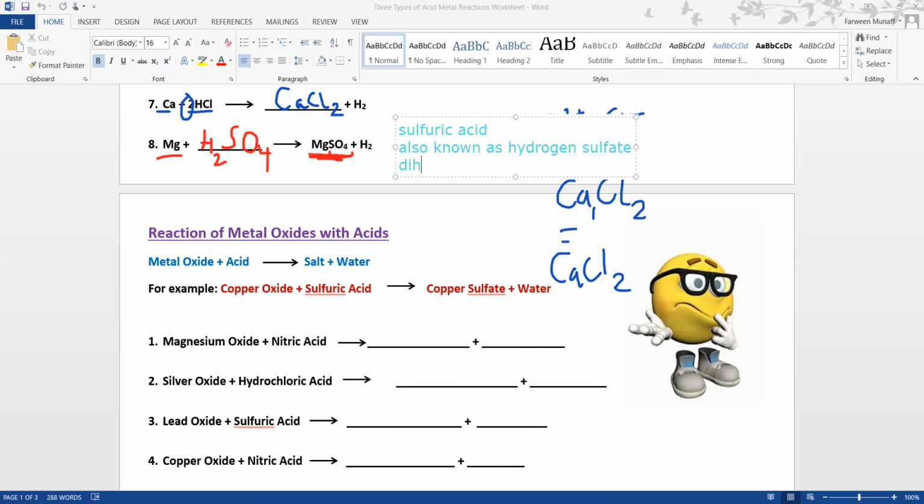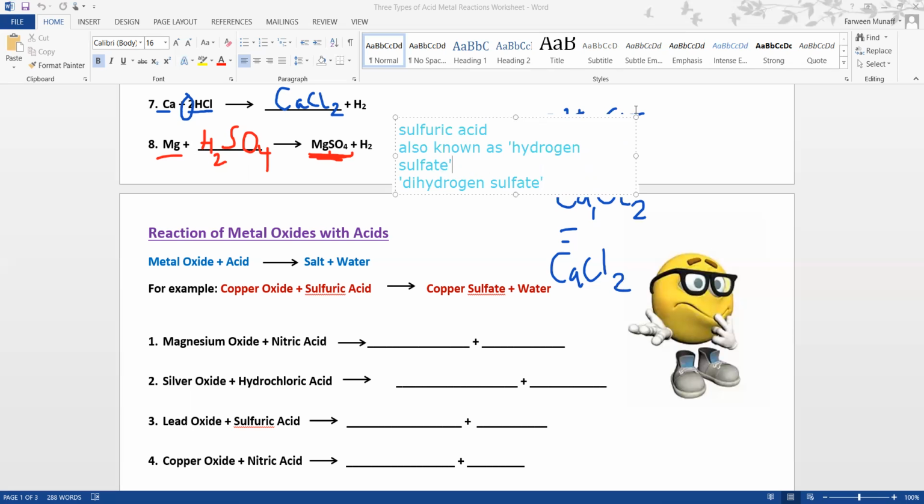In some books, it's even known as dihydrogen sulfate because it's got di, or 2, hydrogen atoms. If you ever see these different terminologies used for sulfuric acid, just know that they're all referring back to the same thing, sulfuric acid. Hydrogen sulfate is another word for it. That's why the formula looks like it's got hydrogen and sulfate in it.